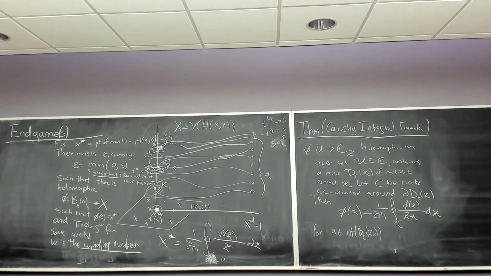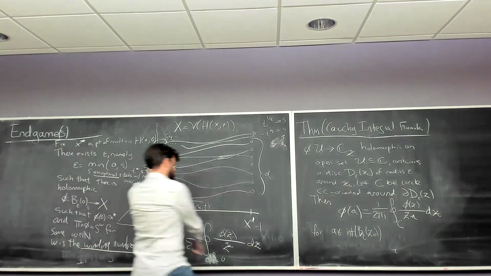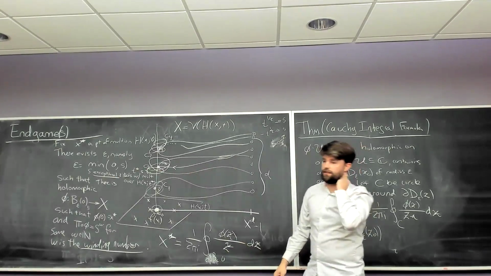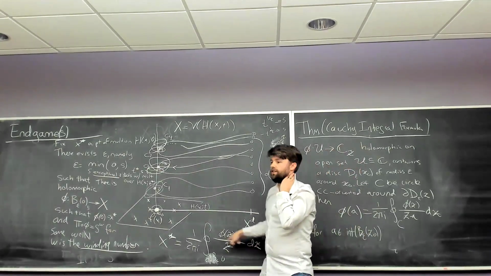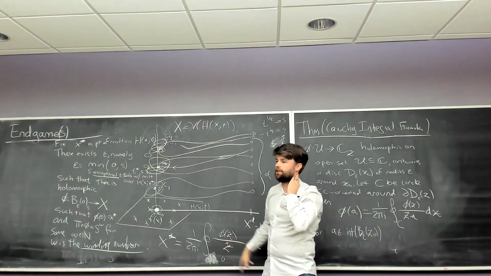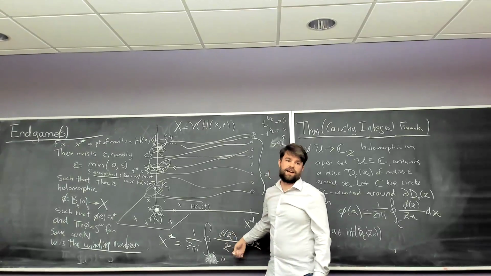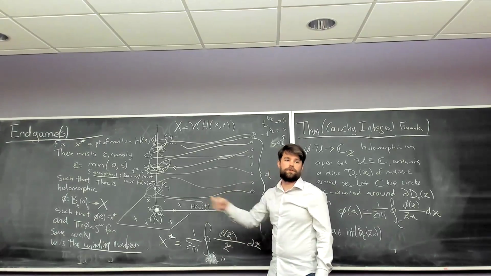I'll leave it to you, or you can look at the notes. You parameterize this boundary of the epsilon ball around 0 by theta goes to e to the i theta, and a bunch of cancellations happen here, so that what you're really looking at is the average value as you go around.